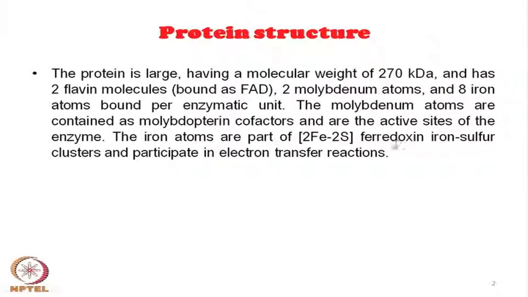This is therefore part of the iron sulfur cluster, and they participate in electron transfer reactions. When redox reactions are taking place, they can be based on FAD, NAD, and ferredoxin, which can be a good supplier of electron or can take off electron from the system as and when required.